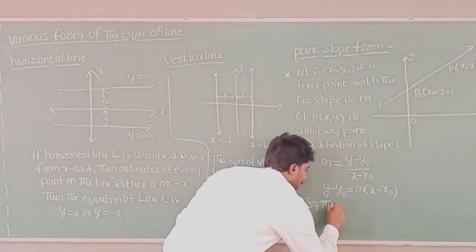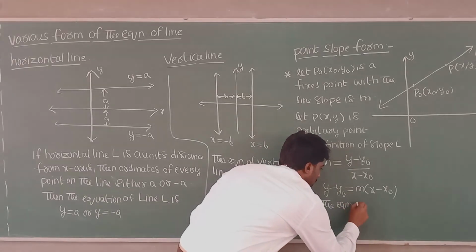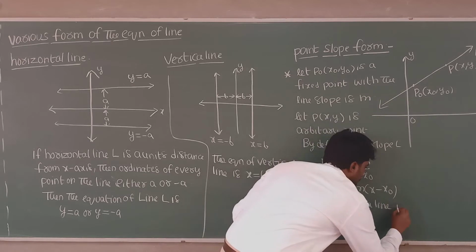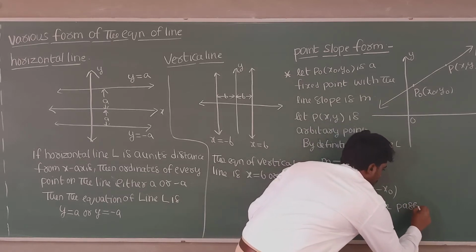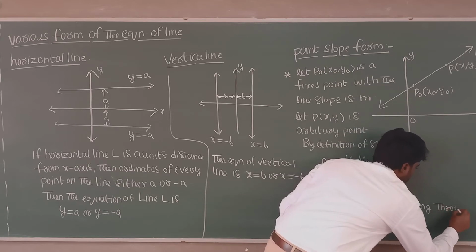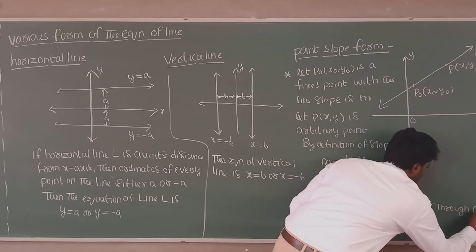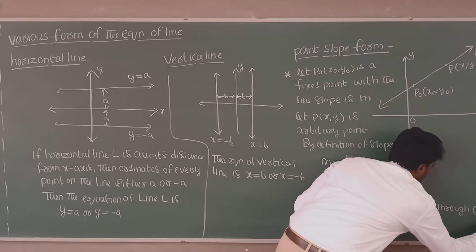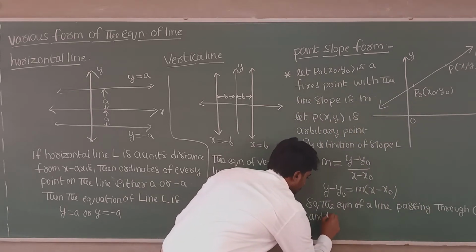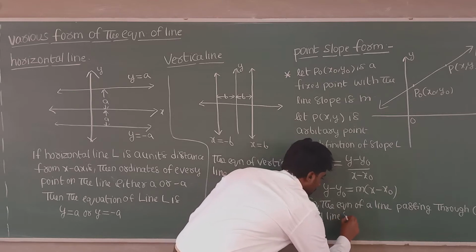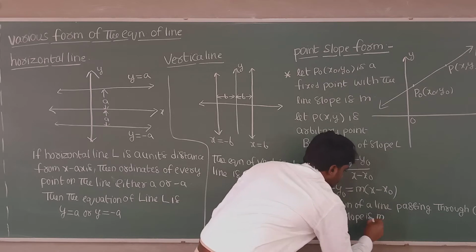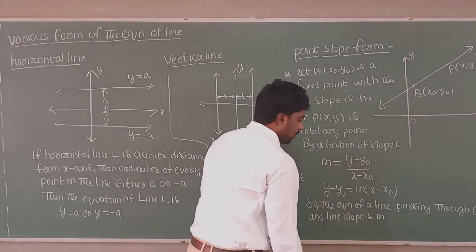So the equation of a line passing through x naught comma y naught and the line slope is m, then what is the equation of a line?